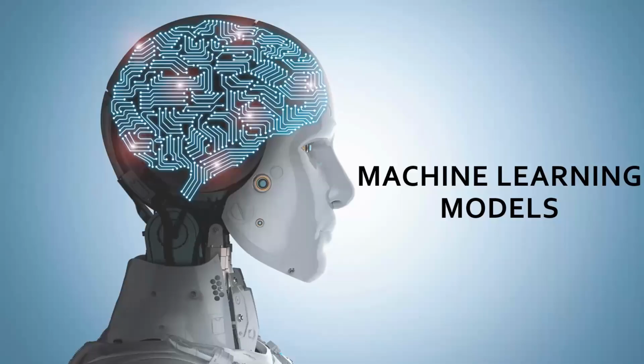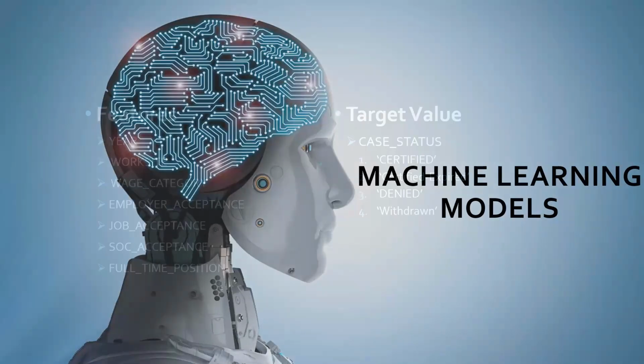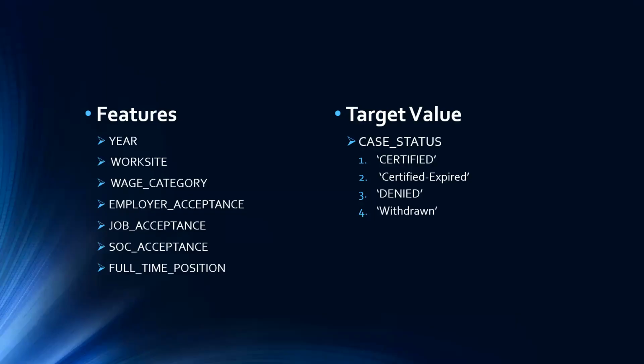Here we go and understand what machine learning model I have used and what the output was. Here the features I have used are the year column, the work site, wage category, employer acceptance, job acceptance, associate acceptance, and full-time position.